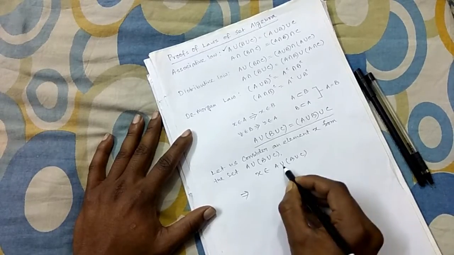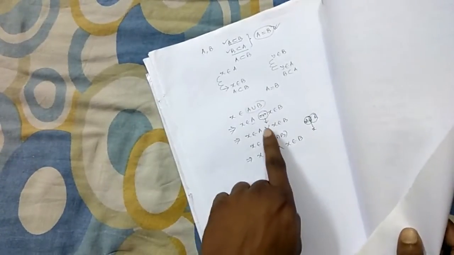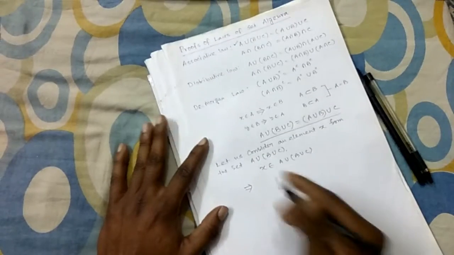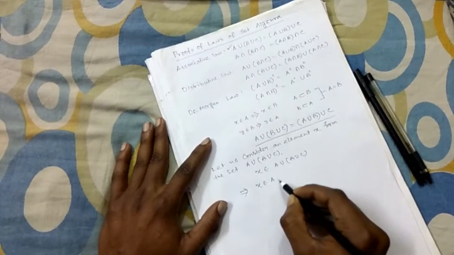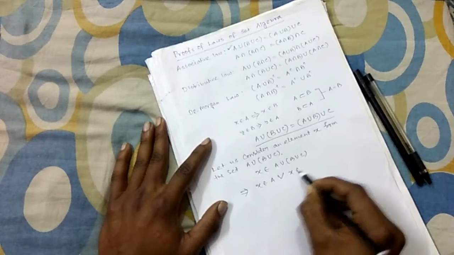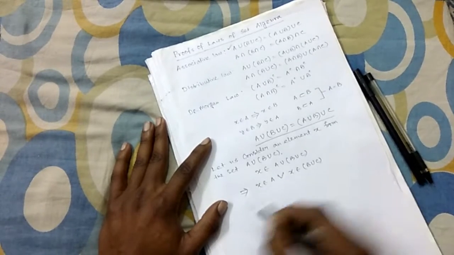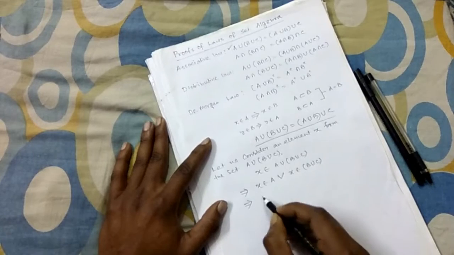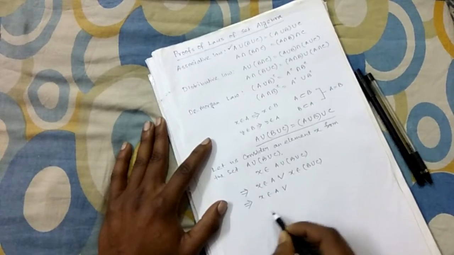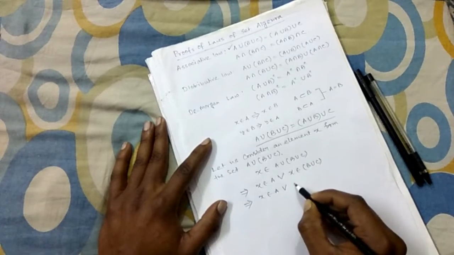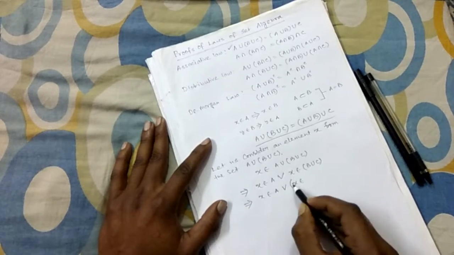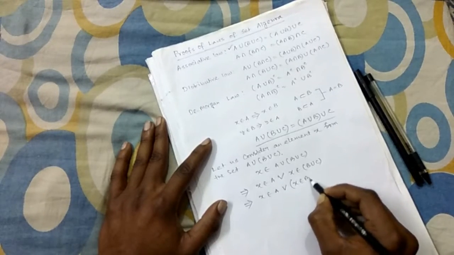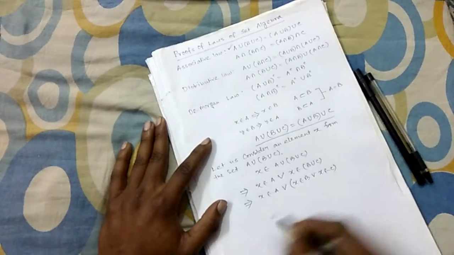Now here is union. For union we will write the V symbol, which actually means OR. X belongs to A or X belongs to B union C. Now X belongs to A or, this bracket will come here, X belongs to B or X belongs to C.